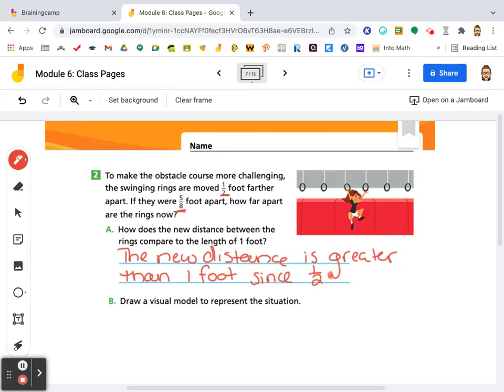Since 1/2 plus 1/2 equals 1, and 5/8 is greater than 1/2.